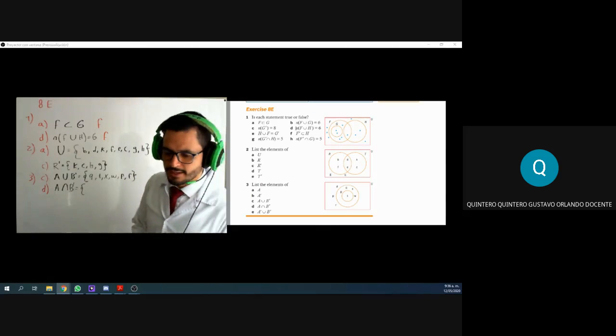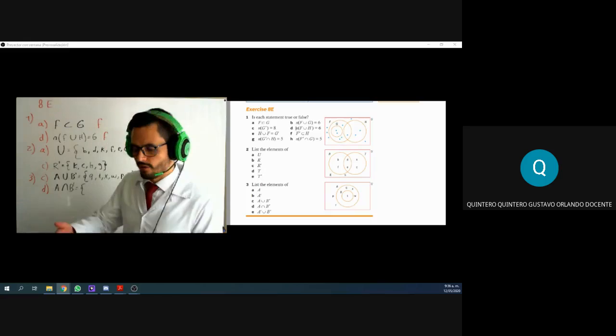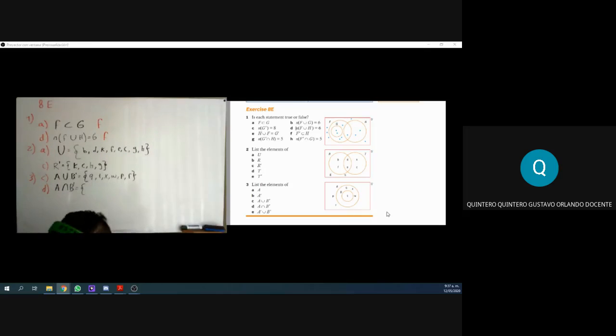Beautiful. And then some of you wrote another solution. Some of you are saying that the one in common is D. Okay, inside A and B, the only element in common is D, this one over here, right?